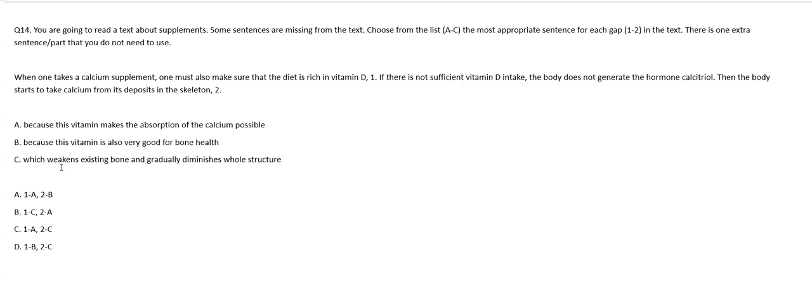If you see, it seems like both A and B are good for blank one. But if you see the next sentence, if there is not sufficient vitamin D intake, the body does not generate the hormone calcitrol. Here option B is telling we are taking a calcium supplement and along with that vitamin D is also taken, because vitamin D is good for bone health and it has no impact on calcium.